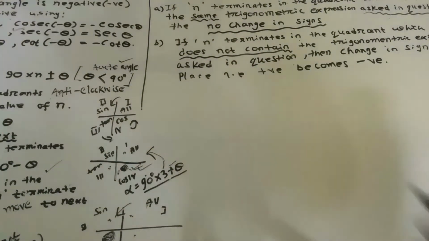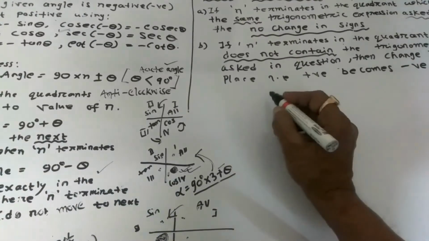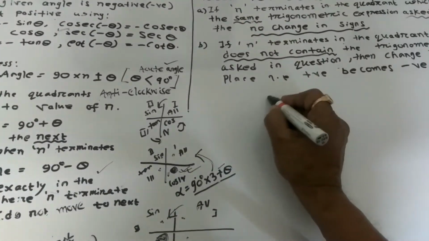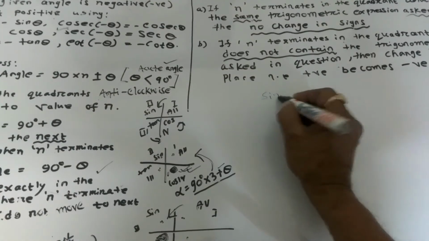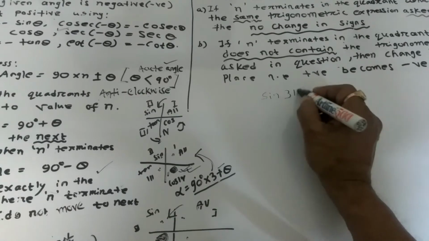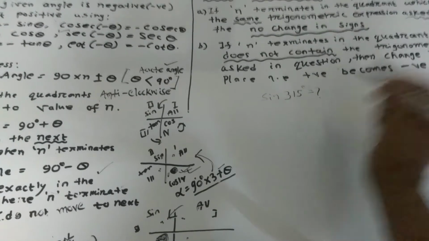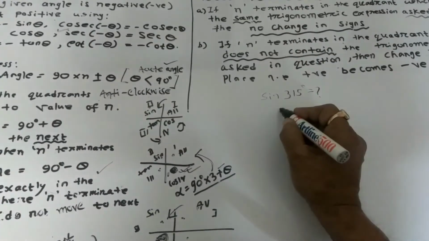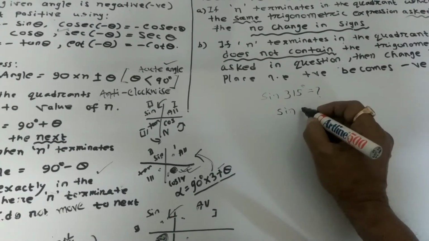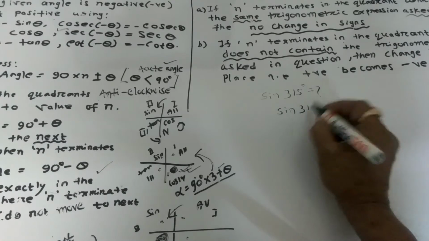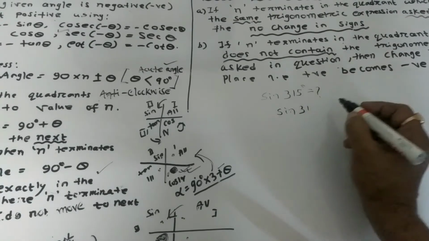Now let us consider some examples to show how these rules can be applied. Suppose sine 315 degrees. What is the value of it? It is a multiple of 90.